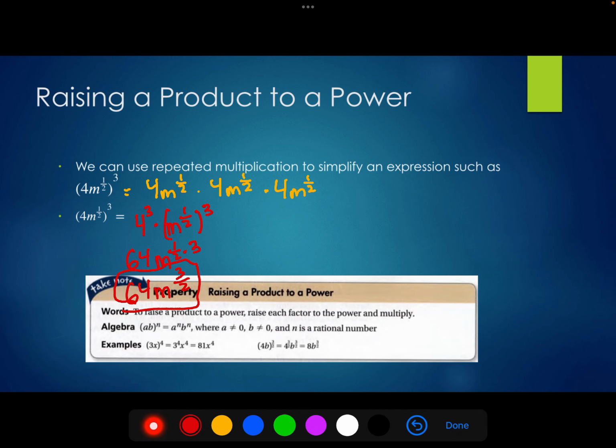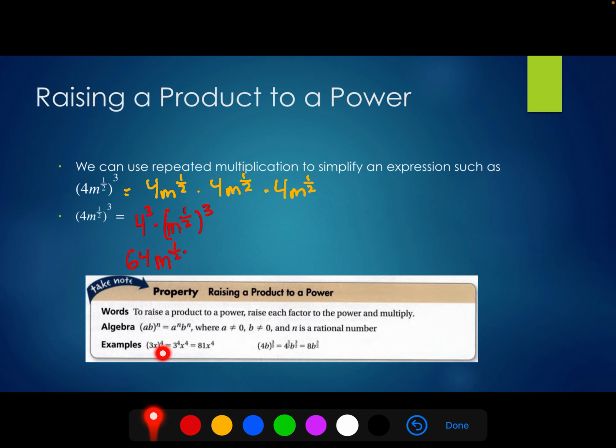And now we have another rule, raising a product to a power. We can see here, to raise a product to a power, we raise each factor to the power and then multiply. So, for example, we have this 3x to the 4th power. You raise each of these factors to the 4th power.